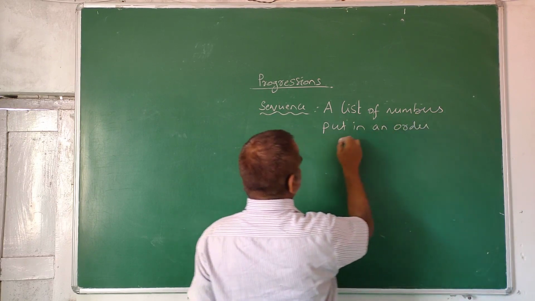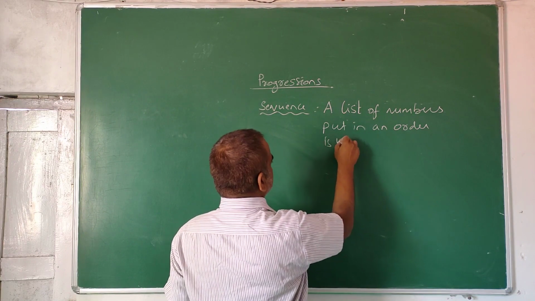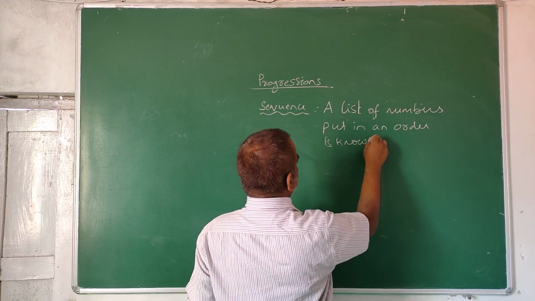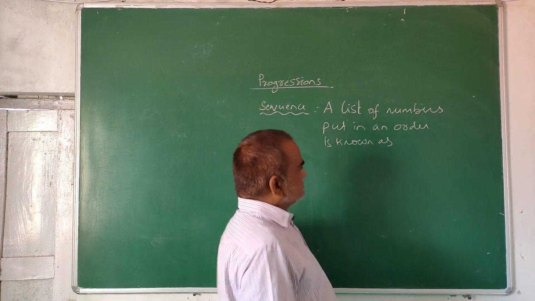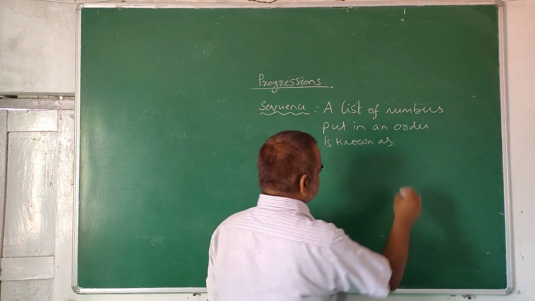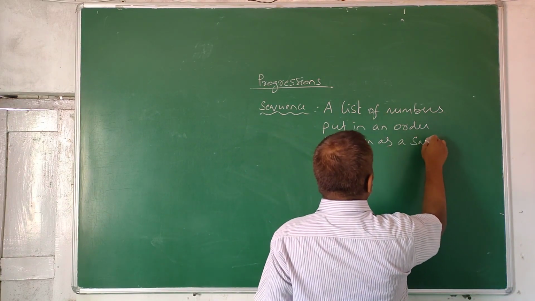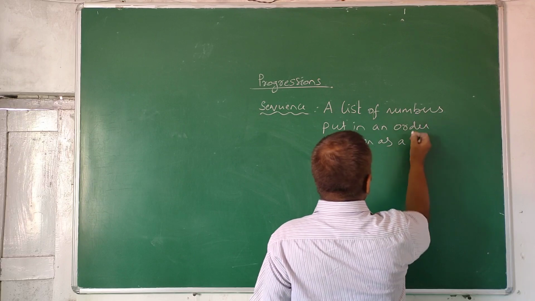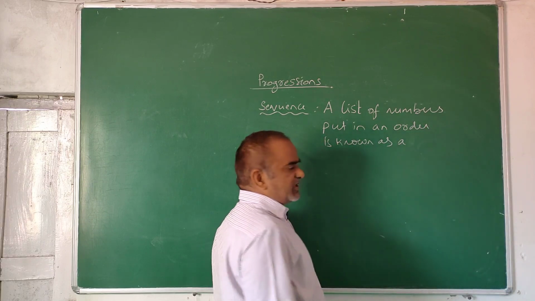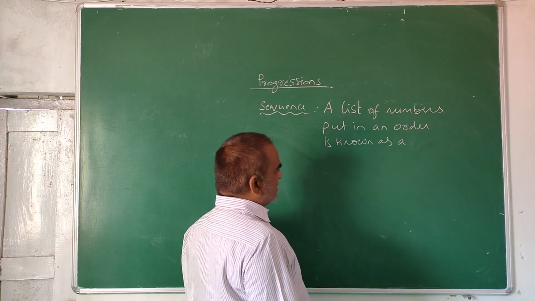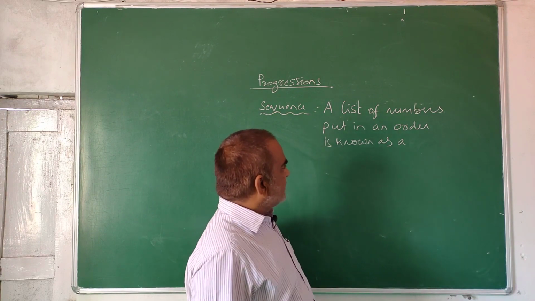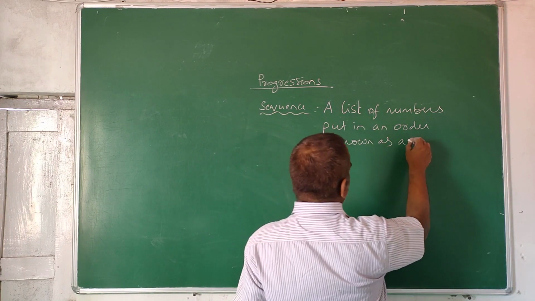is known as a sequence, ascending order or descending order. Order means ascending order or descending order. The list of numbers put in an order is known as a sequence.